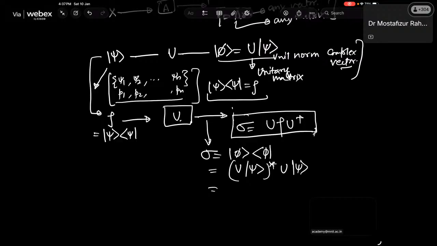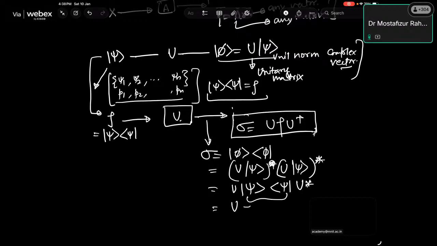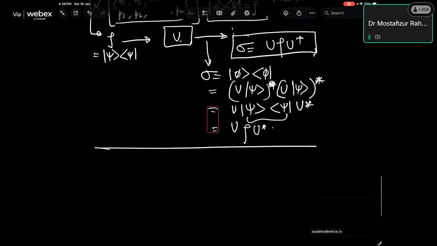Am I correct? So this part is direct, and this part is this one. So this is U, and this by definition is rho, and this is U dagger. So this is how we model the same system in a different way.